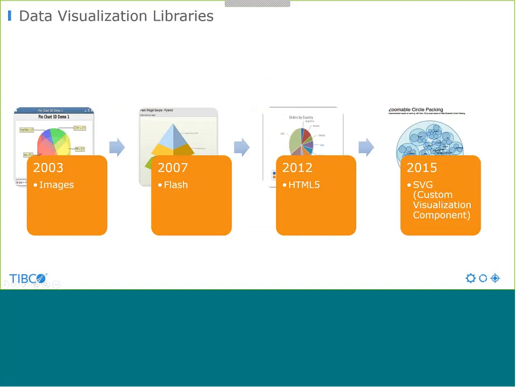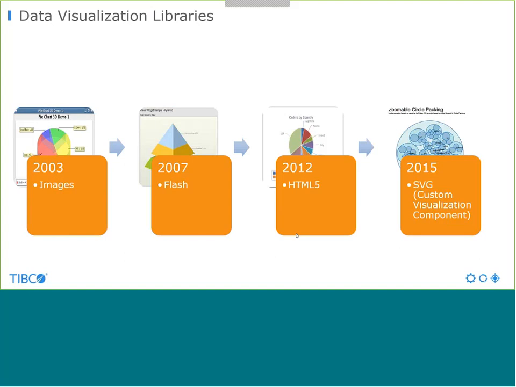There's lots of applications which still use Flash, but again, it looks dated. And then more recently, we moved on to HTML5. HTML5 gives you a much better look and feel. You've got a more intuitive look and feel. You can zoom, you can filter, and it's just a lot cleaner in terms of what it's looking like.